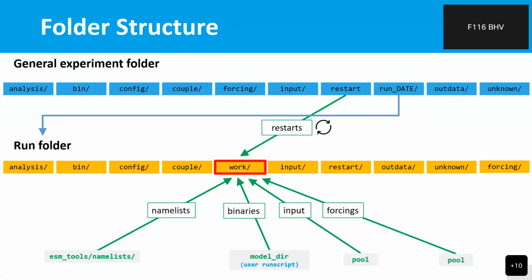Yeah, perhaps a bit of explanation why this weird structure, right? Why this crazy structure? I think it comes from a time when model resolutions were lower, file sizes were relatively small, and the main concern was to make it safe. So if it meant that you have like 3, 4 or 5 copies of all your files, that was completely acceptable, so long as your run was safe and you could always reproduce it, and it was good for the time.